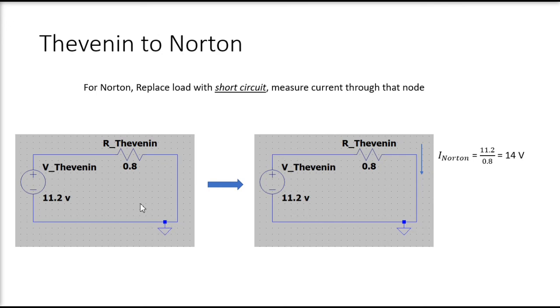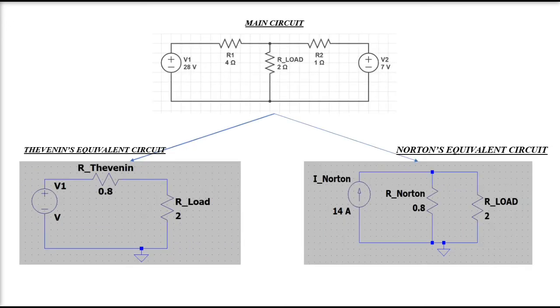And that current through that path stands as my I Norton, and that would be 11.2 over 0.8, that is equal to 14 ampere. After doing that, in overall, my main circuit, if I want to represent it as a Thevenin's equivalent circuit, this would be the circuit. And if I want to represent it as a Norton's equivalent circuit, this is my Norton's equivalent circuit.